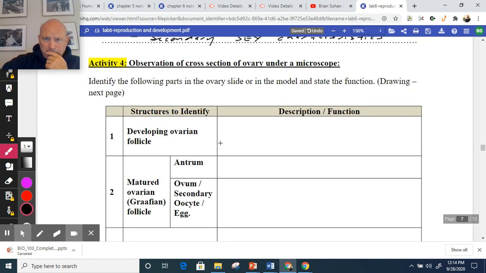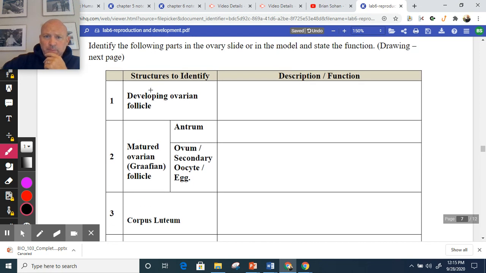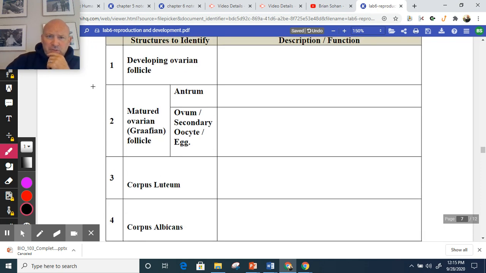All right, so looking at the ovary under the microscope, it's that follicle that carries the egg cell.